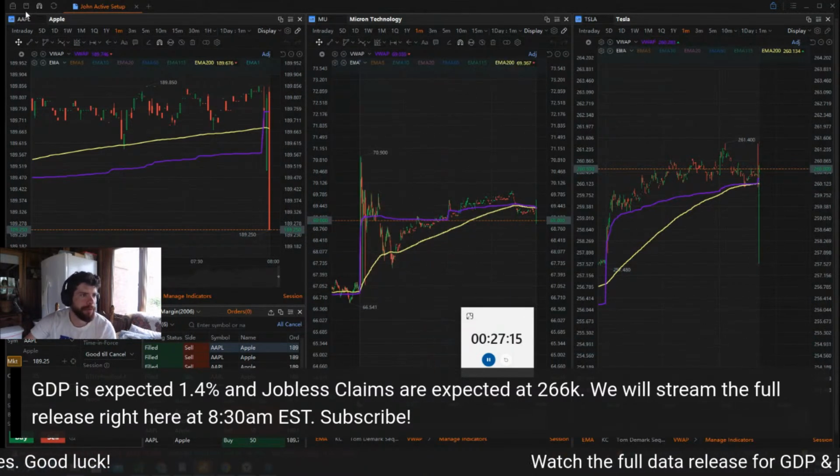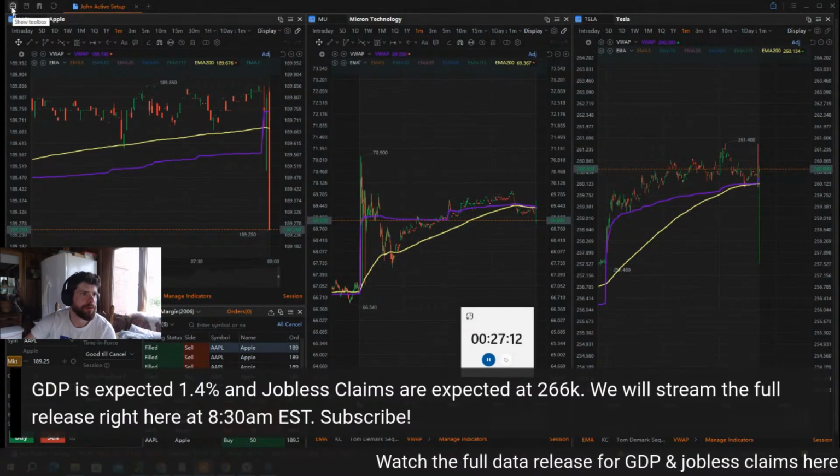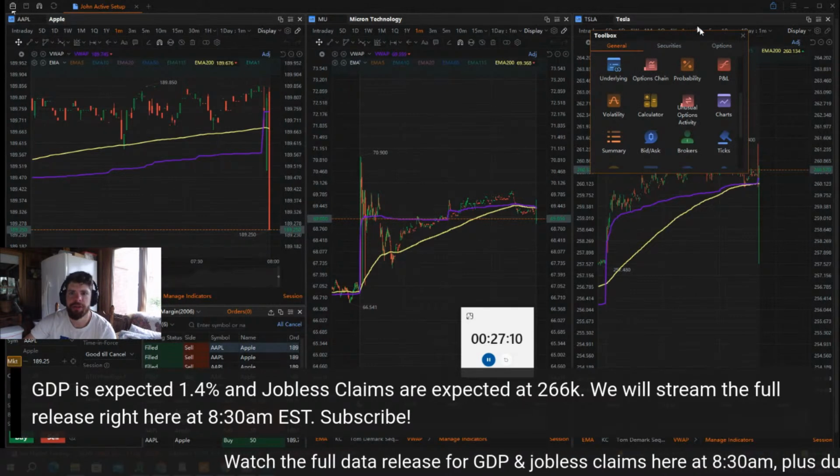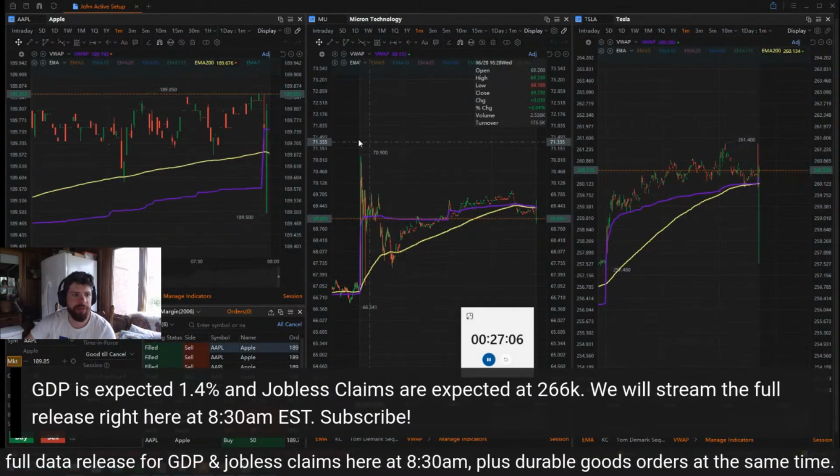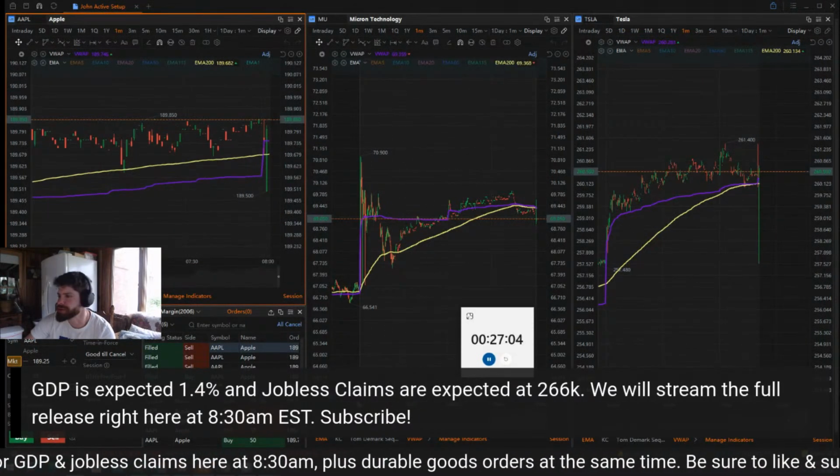Toolbox. All right, so again, we got the previous closing price, mostly just sideways.